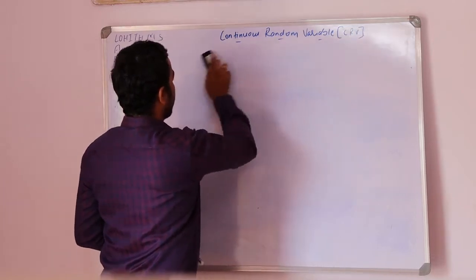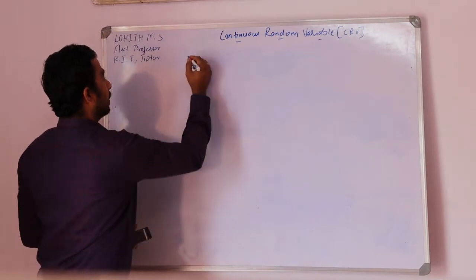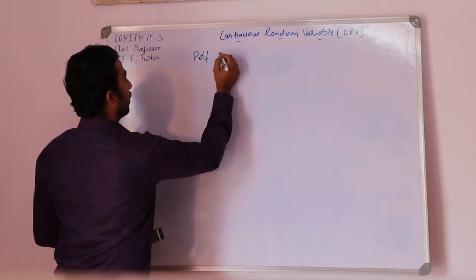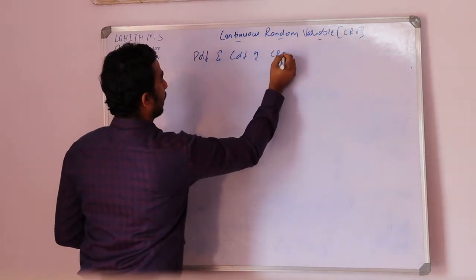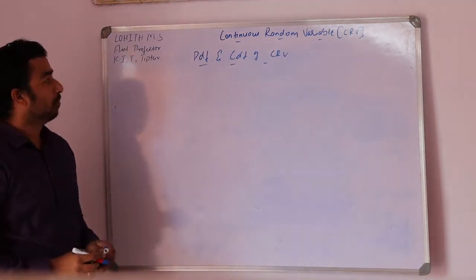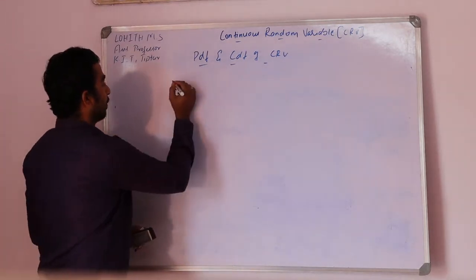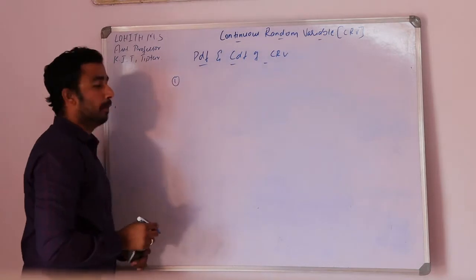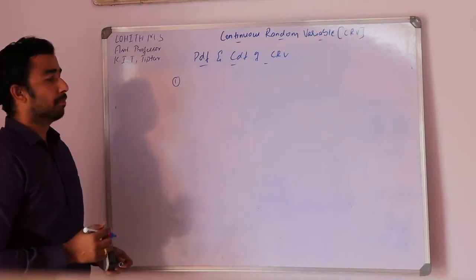We will see the characteristics of the PDF and CDF of a continuous random variable, the probability density function and cumulative distribution function. The first characteristic is from the two equations we used before.